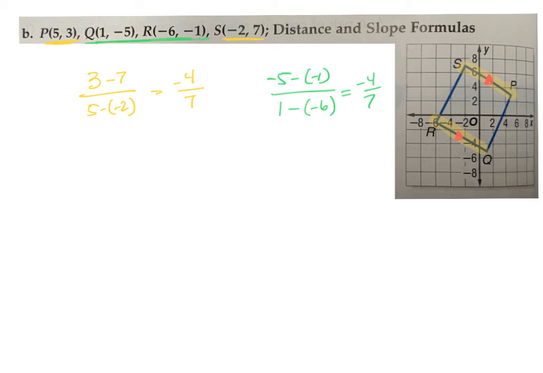So jog your memory. What's the distance formula? All right. Here's the deal. I have already solved for the subtraction of my x's and the subtraction of my y's for both of these because I just did the slope formula, didn't I? Right?